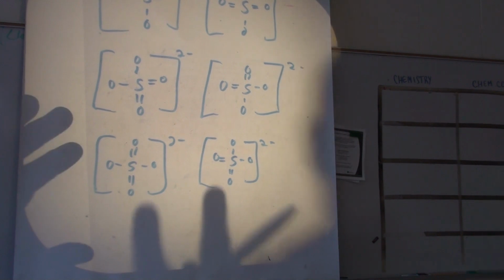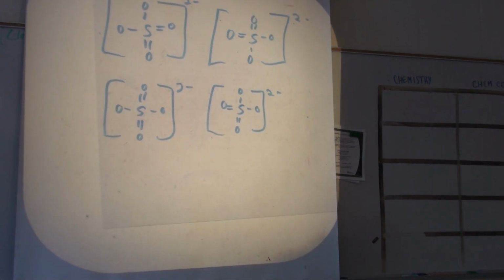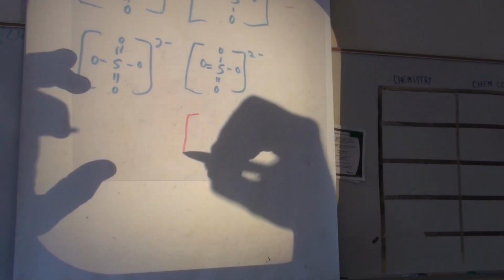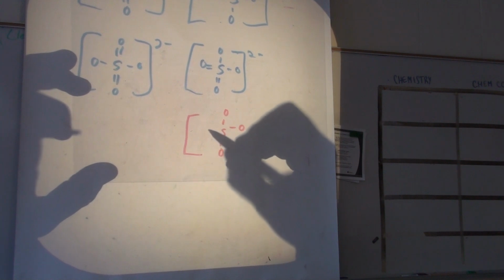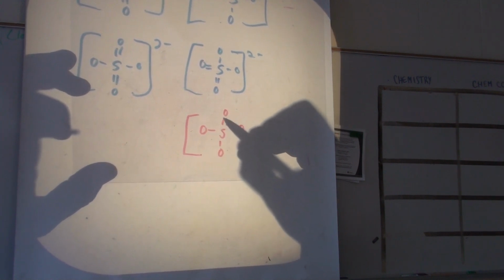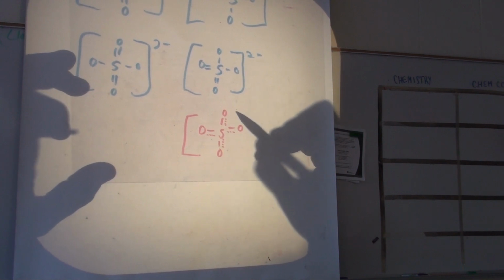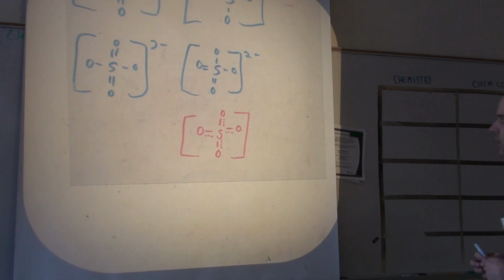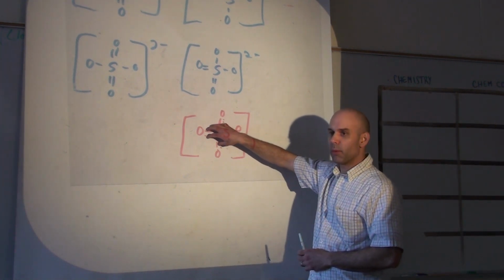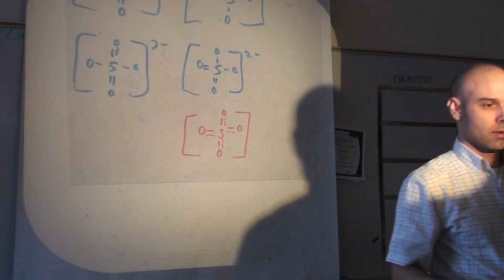And so instead of drawing all 6 structures, you can just draw one, like so. You draw a dashed line to indicate that that double bond is resonating.